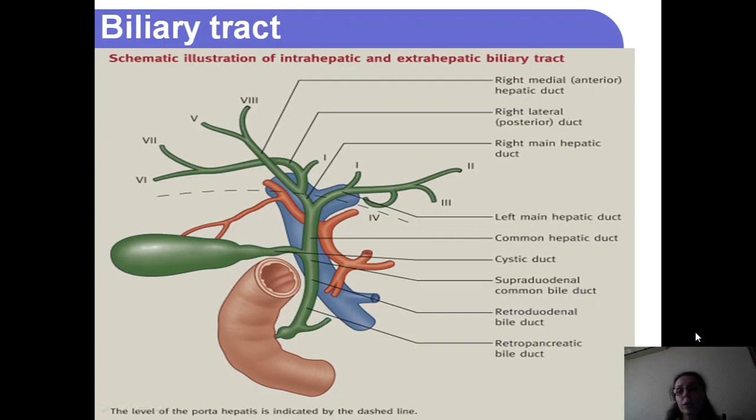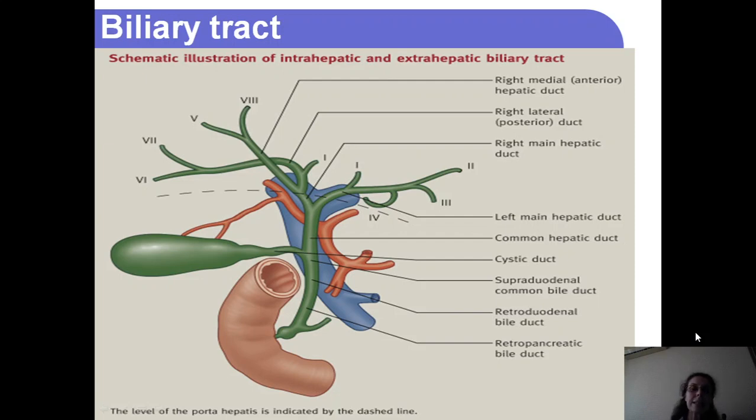If we're talking about bile ducts, I would like to remind you that there are intrahepatic and extrahepatic bile ducts, and the duct formed out of the intrahepatic bile ducts is called the hepatic duct, and the one which comes out from the gallbladder is called the cystic duct. And when they join together, they form the so-called common bile duct.